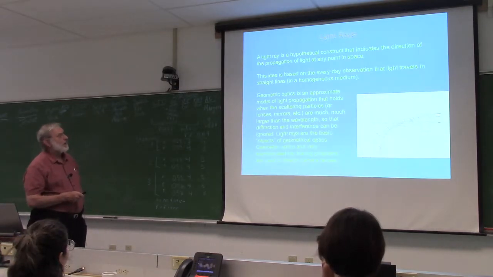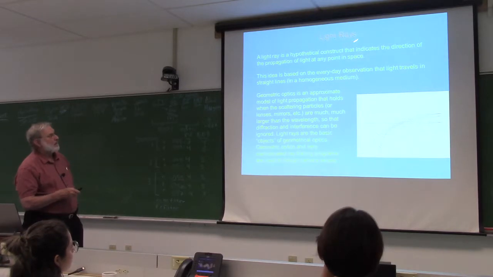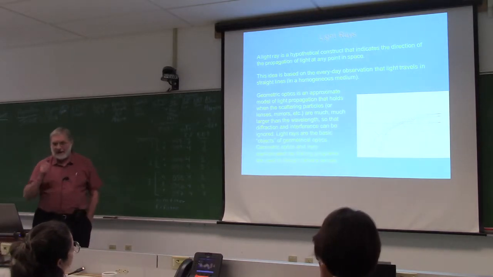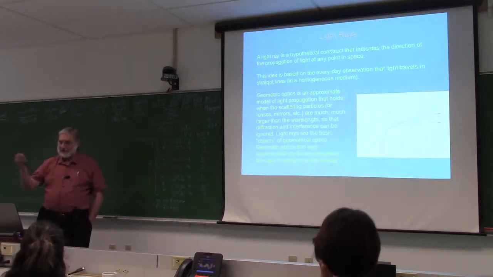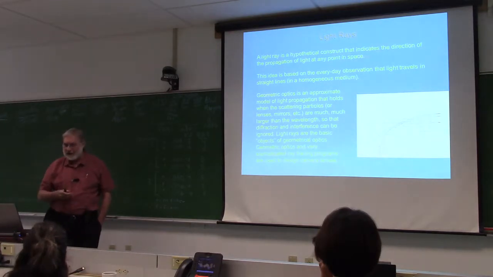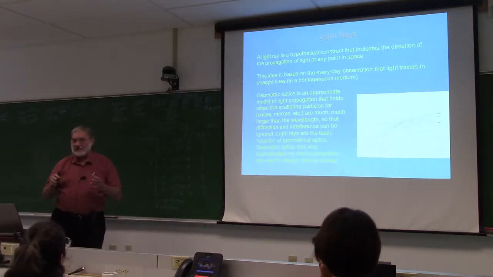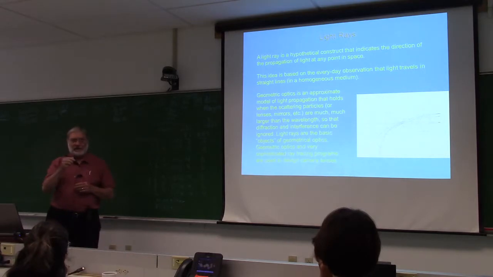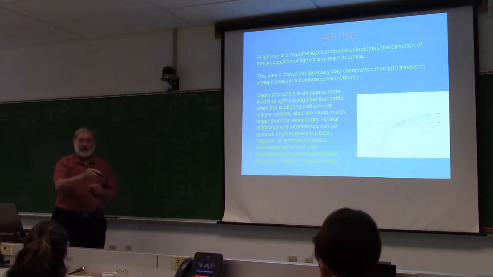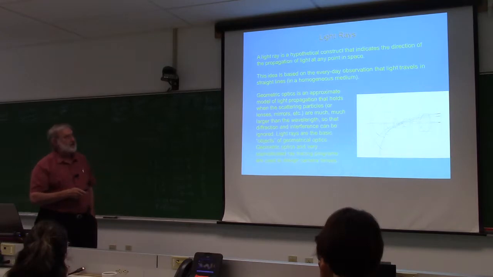Now we have this idea of a light ray, since my Monte Carlo code does ray tracing. Light rays are just a hypothetical little construction: the direction of the light ray arrow, if you wish, at any point shows you the direction the light is going at that point at that time.